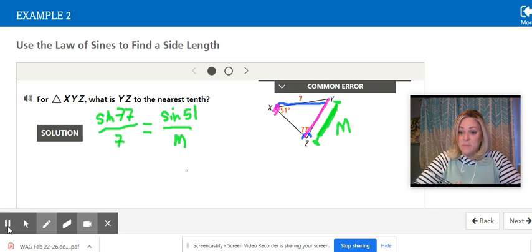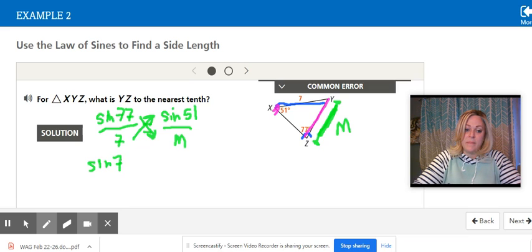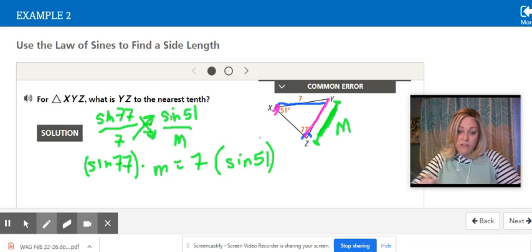We've done problems like this before. All you have to do is cross multiply. So let's do this. I'm going to have the sine of 77. Remember, those go together. They stay together. That's one function. Times m equals 7, this 7 over here, times the sine of 51. If you have a calculator, you can plug it in.